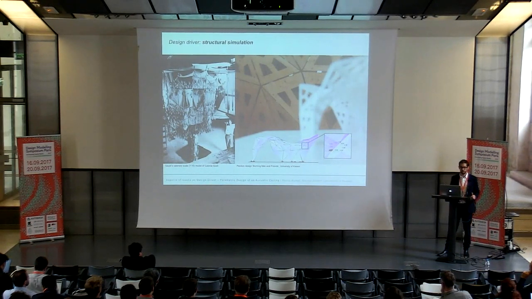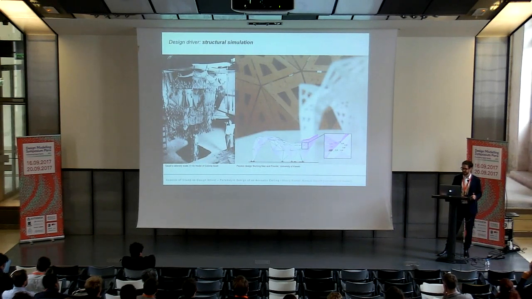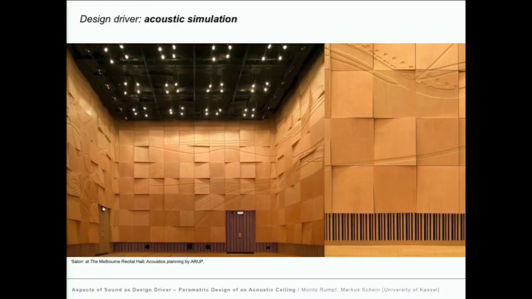In particular, structural simulation is well established. You see the physical examples of, again, Antonio Gaudí, this time not Sagrada Familia, but Colonia Güell, and also some work that was done at the University in Kassel, where structural simulation informed the form generation.